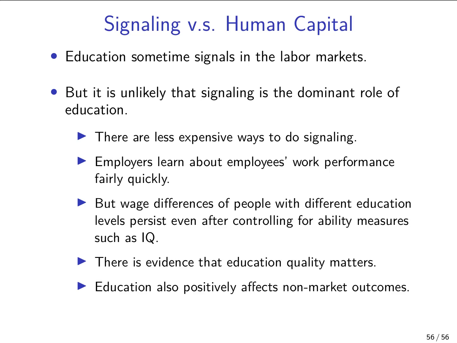It doesn't mean that the signaling model is not useful. It's just that it might be more useful in other contexts. We use it in education because the initial idea comes from job market signaling.